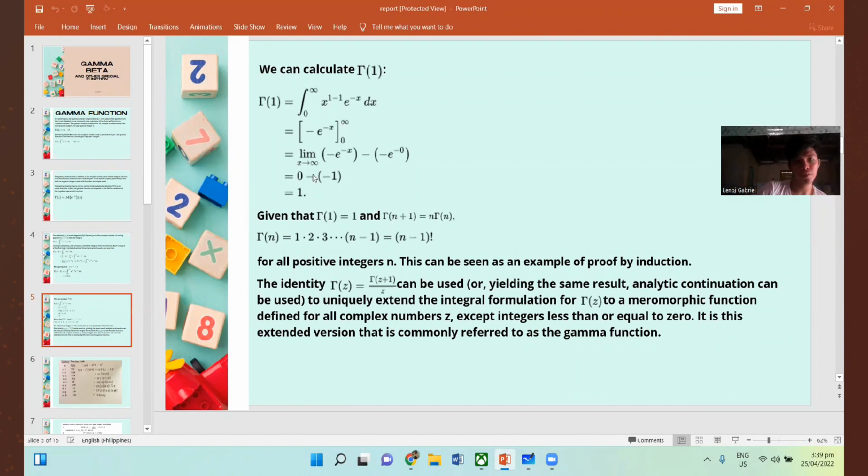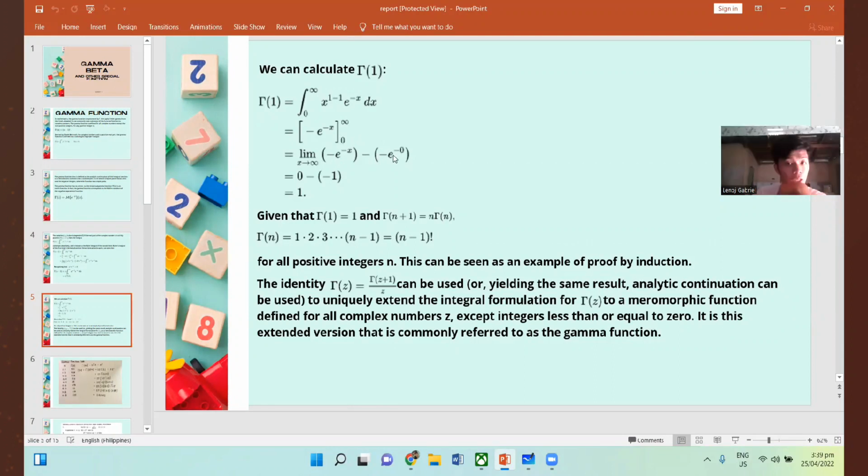So limit of infinity, gagawin natin siyang variable of x. So limit of x to infinity of negative e raised to negative x, minus negative e^0. So this negative e^(-x) is equal to 0.